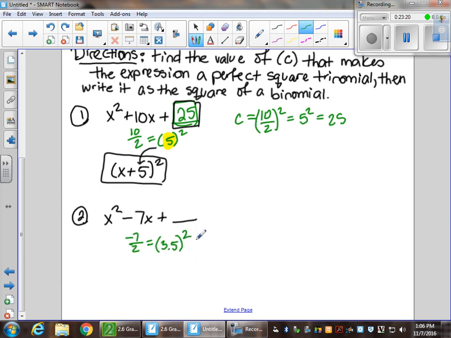And I need to square that to find my value. 3.5 squared, or 3.5 times 3.5, is 12.25. And I'm done. That's the C value that makes this a perfect square trinomial. And now to write this as the square of a binomial, I pay attention to what I actually squared, which was the 3.5. So my answer will be x plus 3.5 squared.